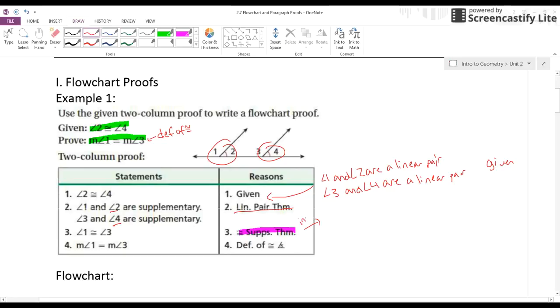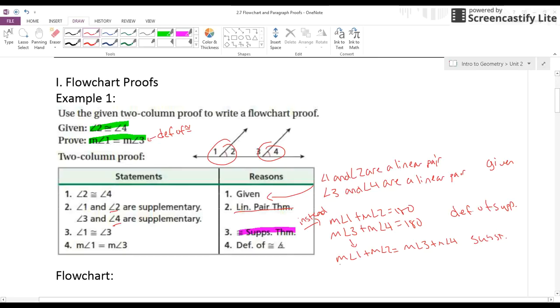So we can say instead, use the definition of supplementary to say that the measure of angle 1 plus the measure of angle 2 is equal to 180, and also the measure of angle 3 plus the measure of angle 4 is equal to 180 by your definition of supplementary. And then since they're both equal to 180, I can say that they're equal to each other by substitution.